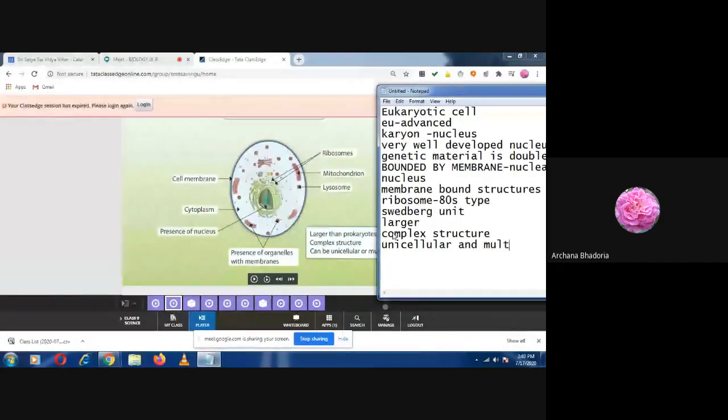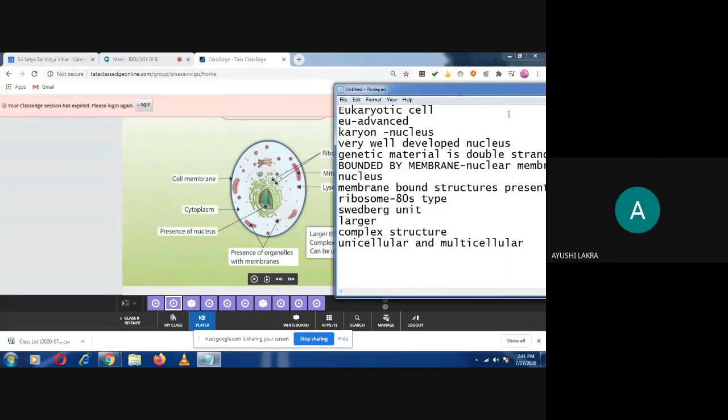They all are unicellular, but they do have a nucleus. Is it clear? So what type of cell do they have? Eukaryotic cell. Whichever has a well developed nucleus is eukaryotic.